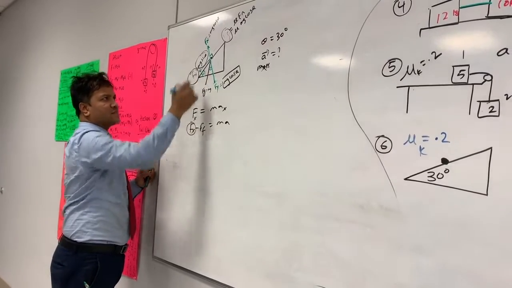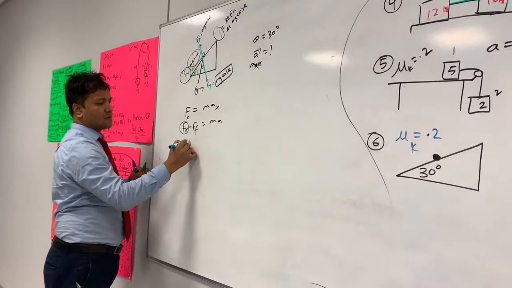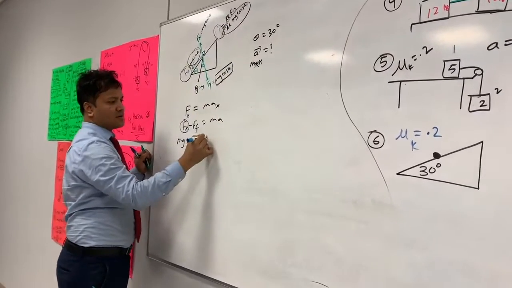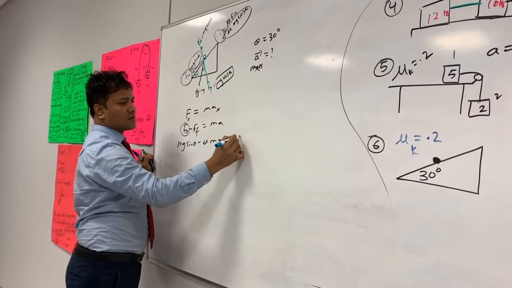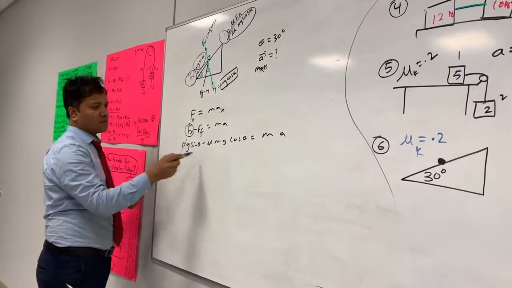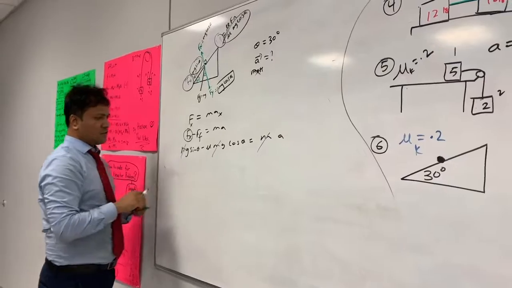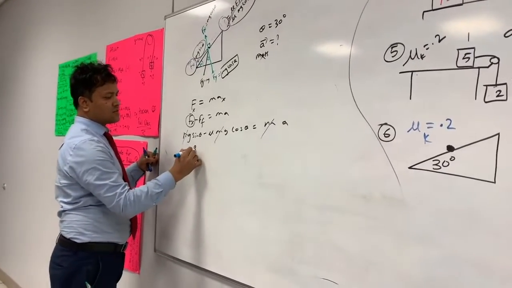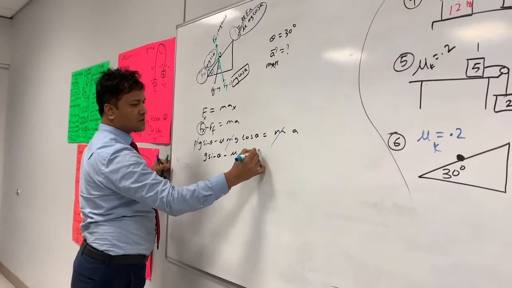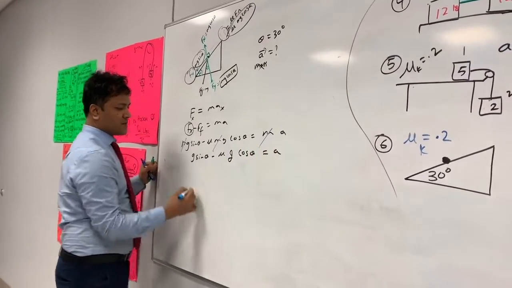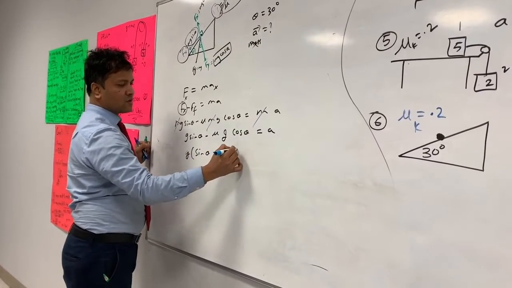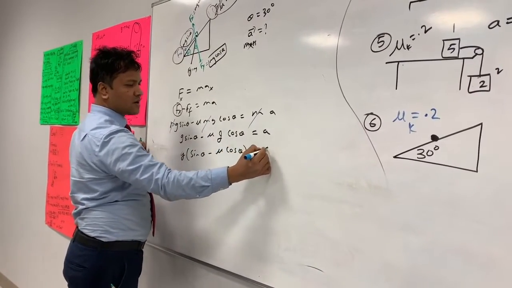Fx is mg sine theta, minus Ff, which is mu mg cosine theta, is equal to ma. As you see, the m cancels. So what we are left with is g sine theta minus mu g cosine theta is equal to a. Factoring out g: g times (sine theta minus mu cosine theta) is equal to a.